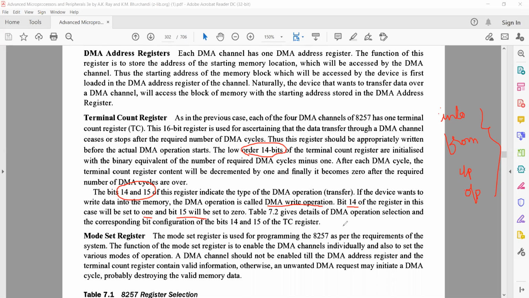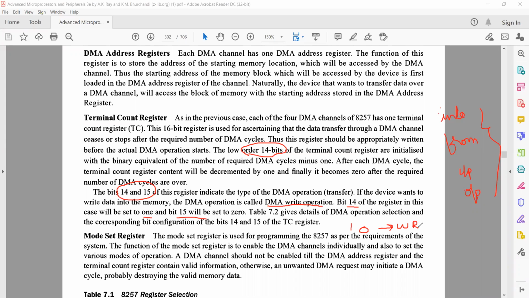So if it is 1 0, it indicates a DMA write operation. So DMA write operation, DMA read operation, memory read operation, memory write operation. Depending upon the configuration of bits 14 and 15, you understand the type of operation.